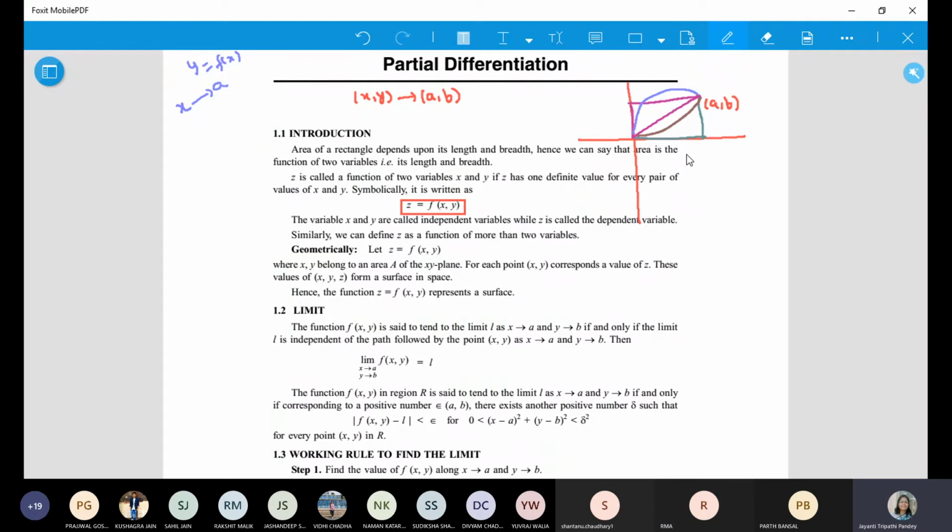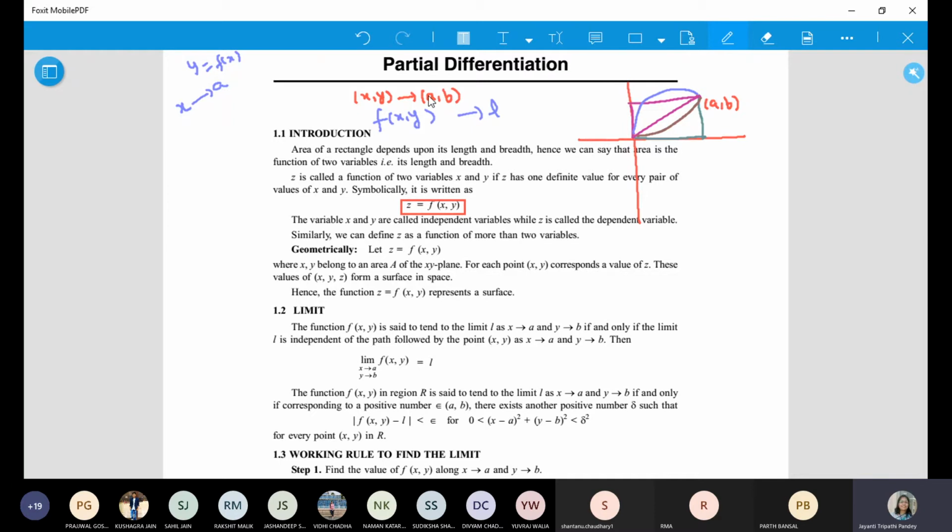Yes, ma'am. That means in this case, if we are saying that fxy reaches some limit L, then we have to ensure that xy approaching AB should not be affected by the path adopted. Is this okay or not?